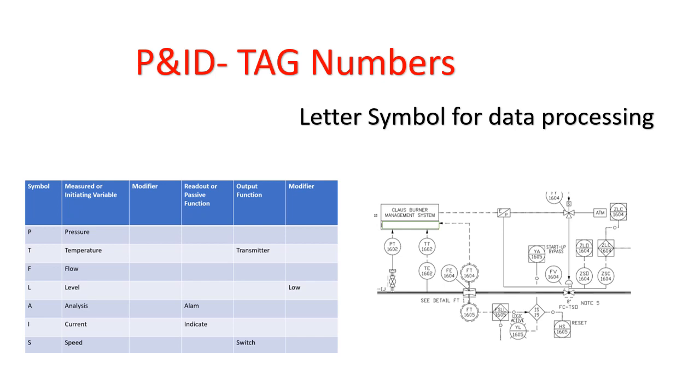So P&ID is the most important document to run a plant. In this particular lecture, we will be discussing the tag numbers that are used in a P&ID, what the letter symbols mean, and how you can process the data by looking at the letter symbols.